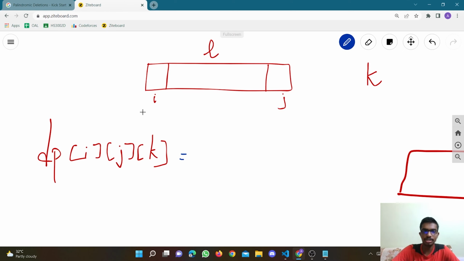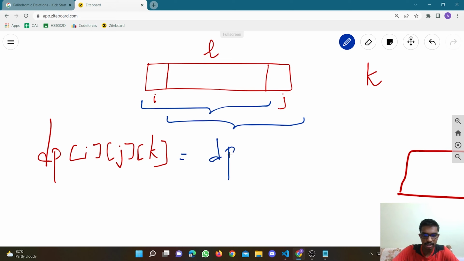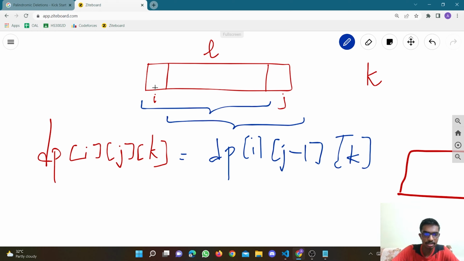Now first I'll find this value which I would have already computed, dp of i, j minus 1, k, and let's say I also find dp of i plus 1, j, k. So in this method, if I find dp of i, j minus 1, k, that will include all palindromic subsequences that may or may not have the first character.